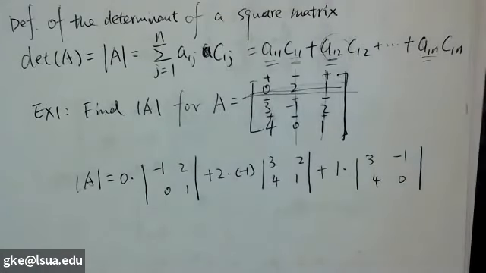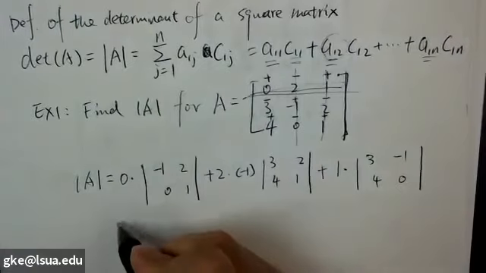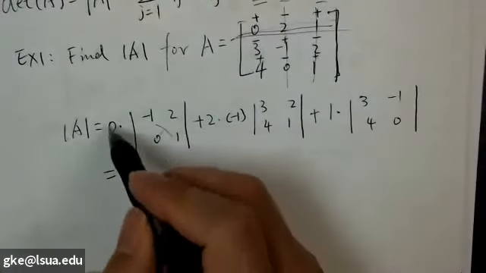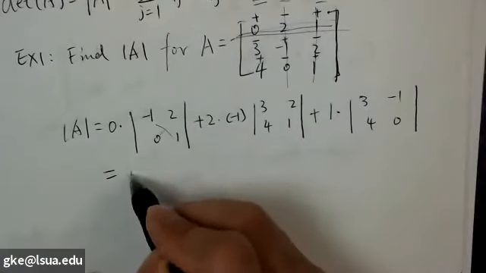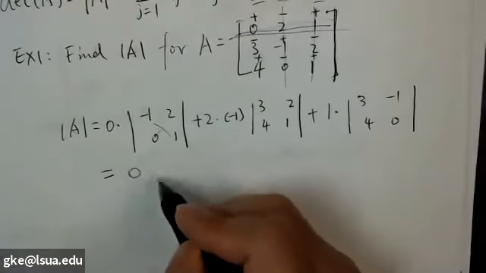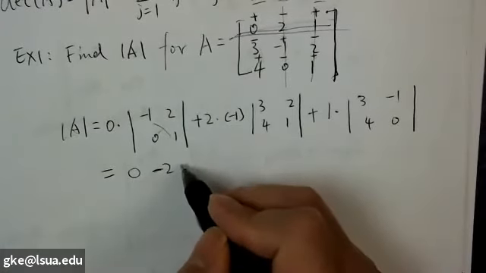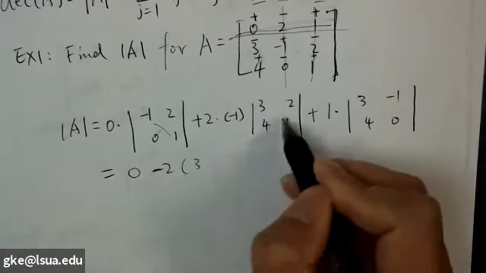Now you can write down the answer. It's now a 2 by 2, so we use the cross product. If anything times 0 is 0, you don't need to care about the second product. -1 times 2 is -2, and then the cross product.